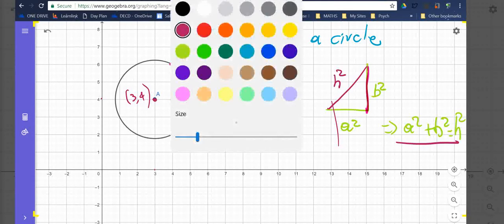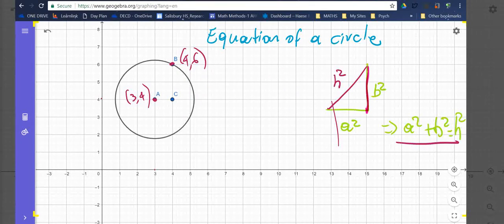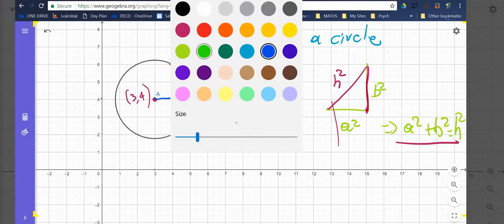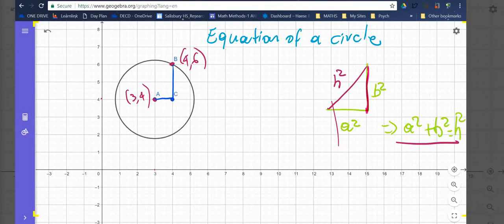I hope you understand that here A, C, and B are what we used to call the run and the rise.